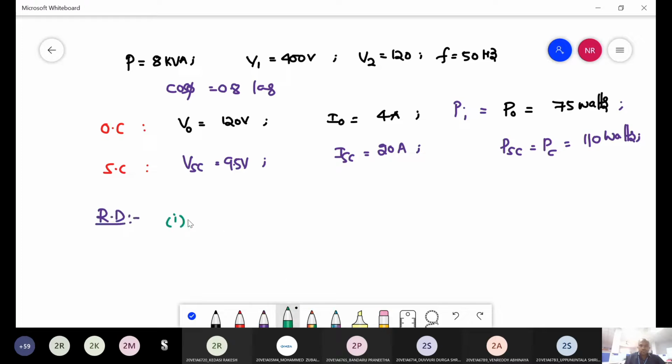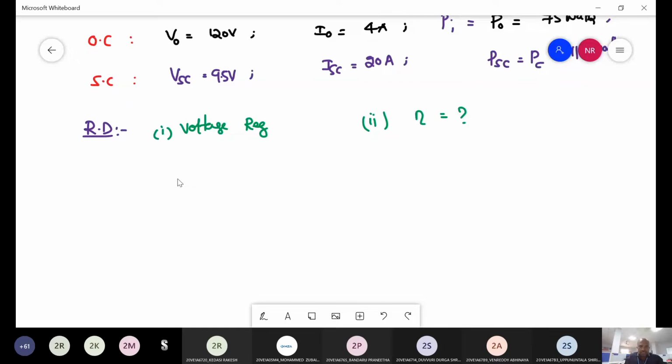First bit, voltage regulation, and second bit, efficiency. These are the given data.